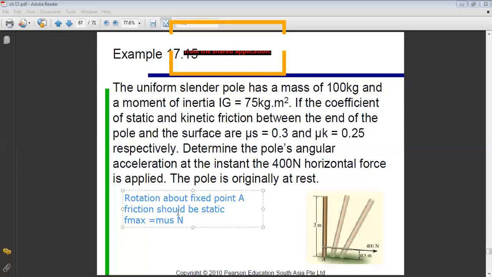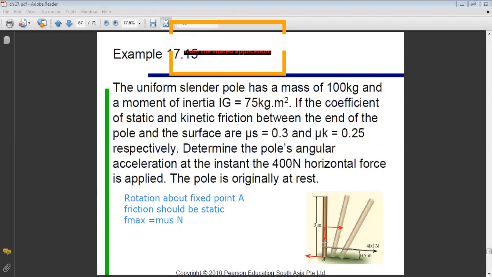So to verify if I have rotation about a fixed point, I will put my unknowns. I have the friction F that is unknown, but I should verify that it is smaller than μs N. I have the acceleration of G that is unknown. How will aG be? G is doing rotation about A, so I have aG tangential and aG normal.